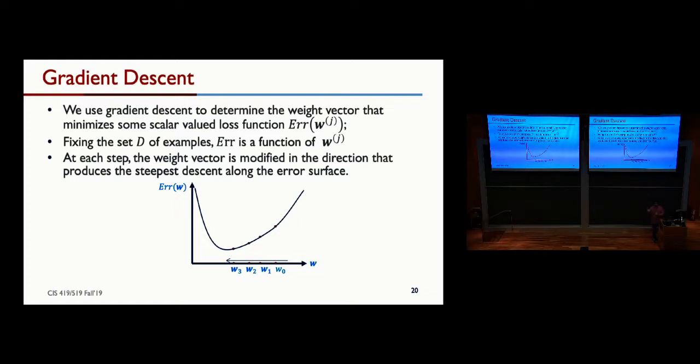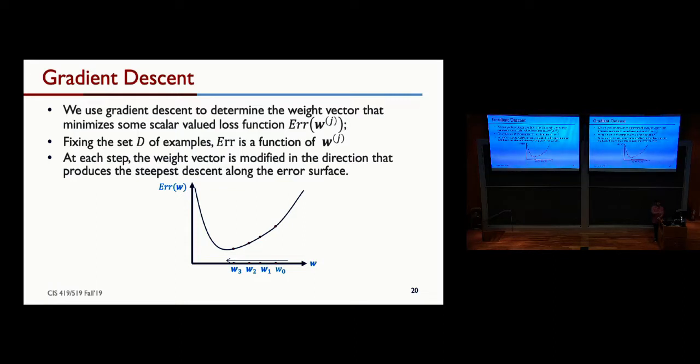And so we're given a function. In this case, for example, this ERR, the error function, which is a function of some parameters. In this case, the parameters are the weight values that you want to learn. Now, for any given values of these weights, you will have a value of this error function.